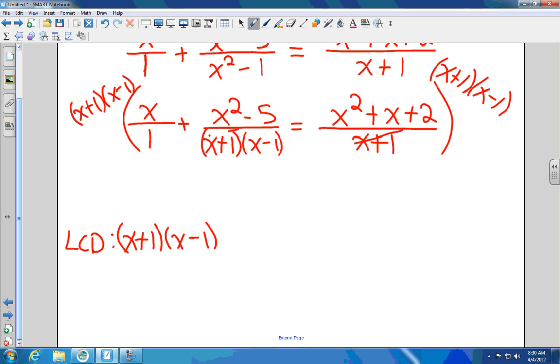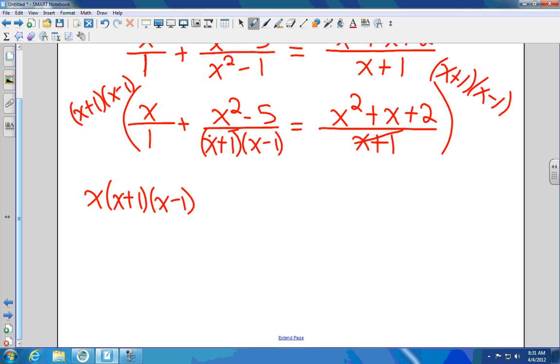So on the first fraction, what's missing in the denominator? Everything, right? So we have to take the top times everything. So again, there's nothing. We have x plus 1, x minus 1. We don't have any of that down here. So you got to multiply that times the x. So we just write that. We have the x out front times x plus 1 and x minus 1.